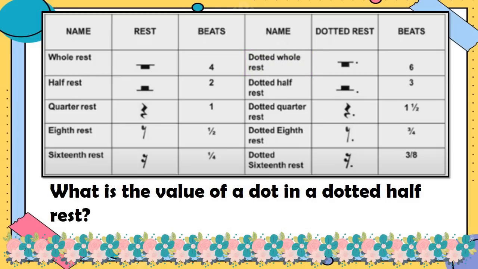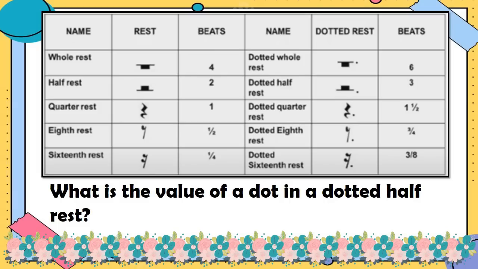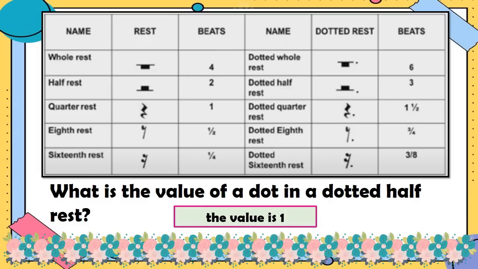What is the value of a dot in a dotted half rest? Very good. The value of a dot in a dotted half rest is 1, because half rest has 2 beats. So the half of half rest is 1. That's why the value of a dot is 1.